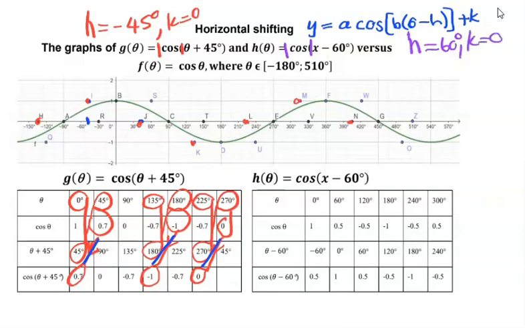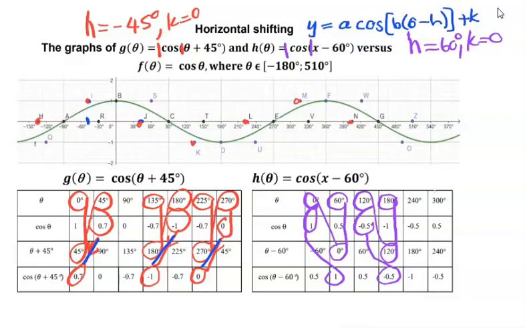So if I take 60 degrees and I subtract 60 degrees, I get 0. So now I have to go to that value, which is 1, and put it back here.